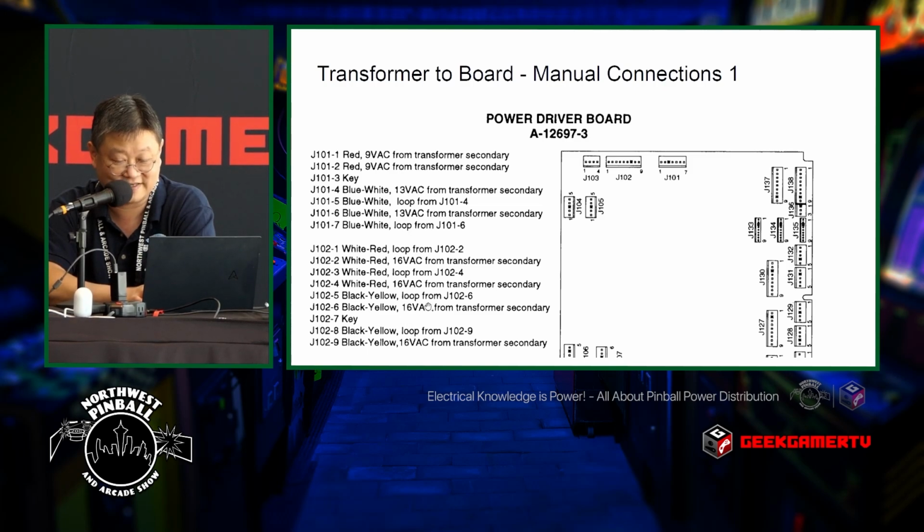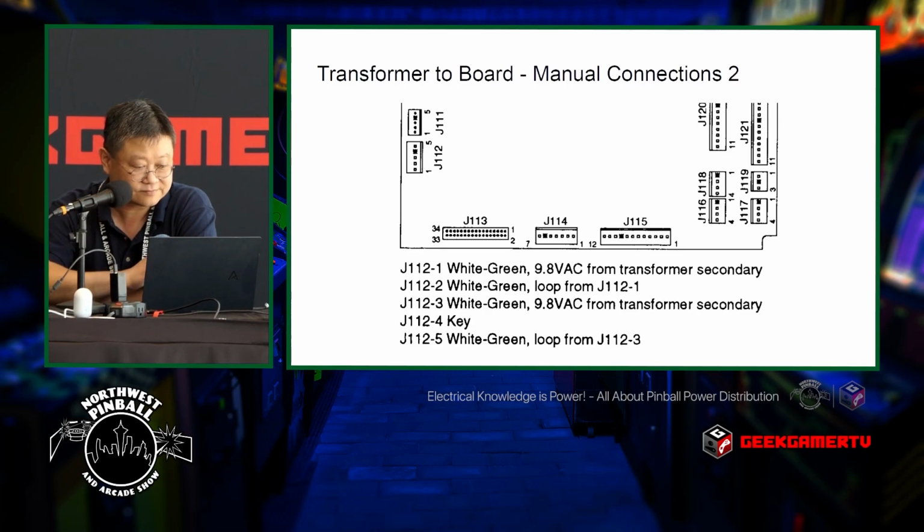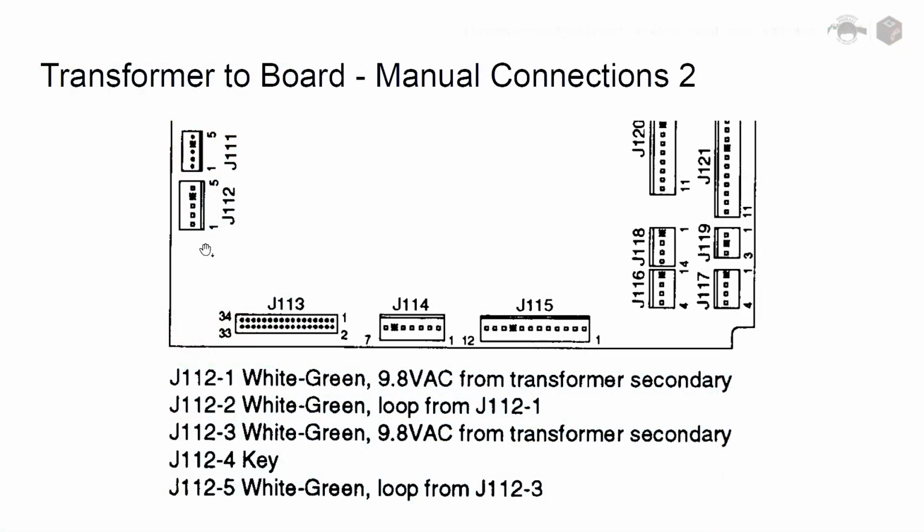That's not 16 VAC, it's 51.4. So that's an error right there. On the other side, this is the other transformer secondary, the white-green wires. It's 9-point VAC, produces 12-volt power. This powers things like motors, optos, those sorts of things.